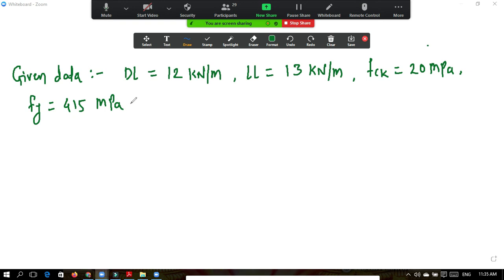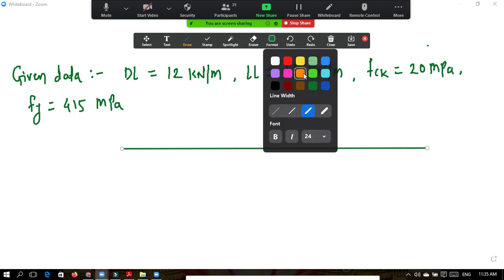And now this time a 4 span continuous beam is there with different spans. So if we draw the beam, it is a 4 span continuous beam.